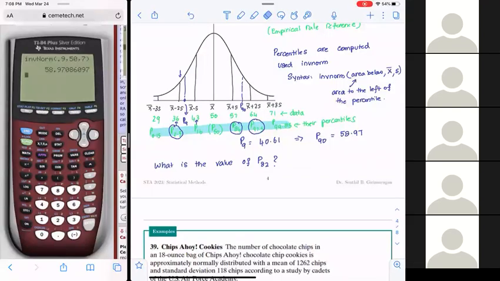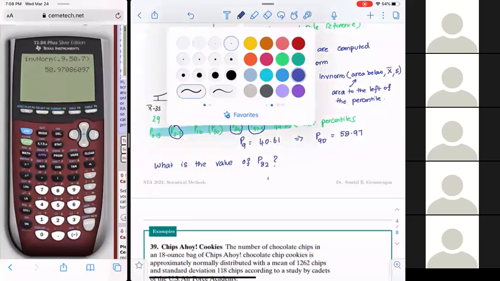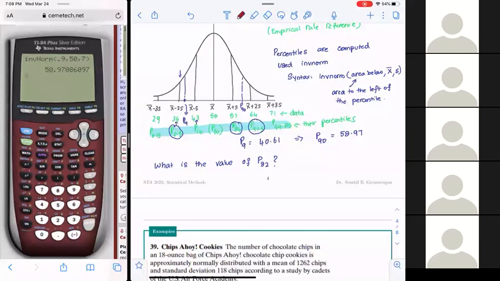So if we want to find P82, we are trying to find a number that lies between P50 and P84, closer to P84. So the guess is 56.